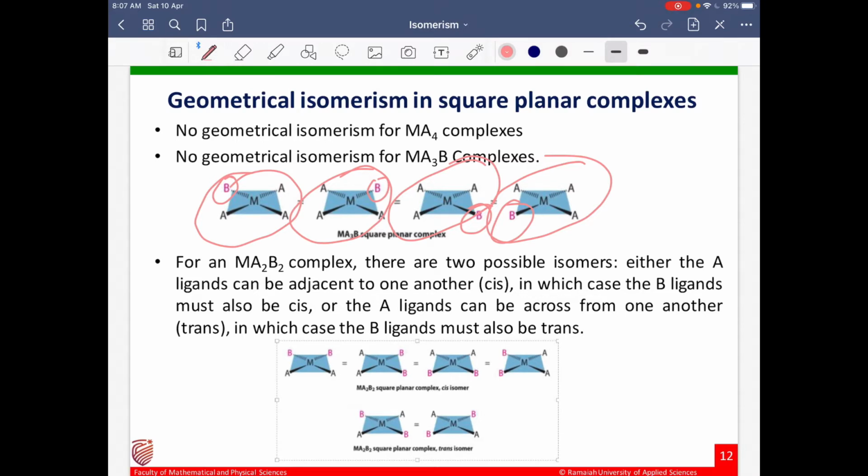It does not matter which vertex is occupied by the ligand b in a square planar Ma3b complex. All four structures shown here are chemically identical because they can be superimposed simply by rotating the complex in space. So all are chemically identical.